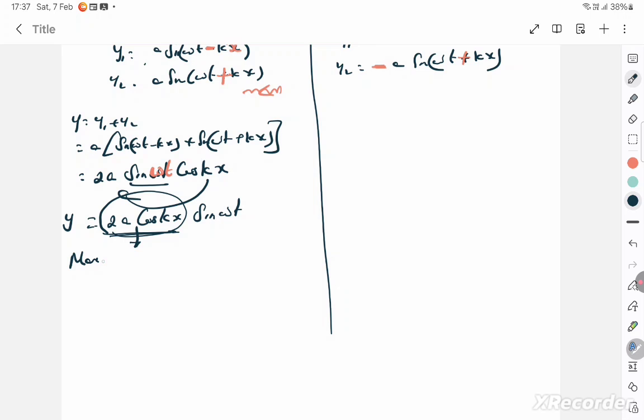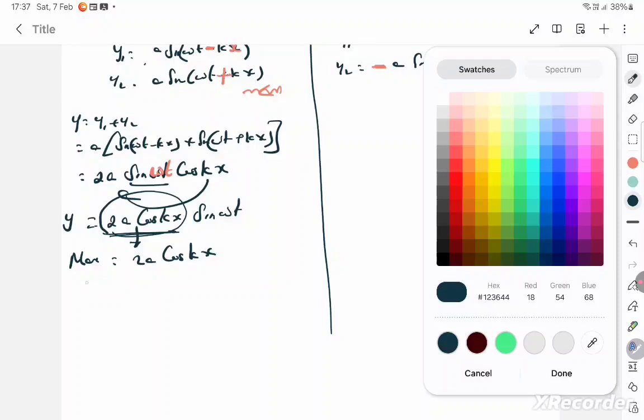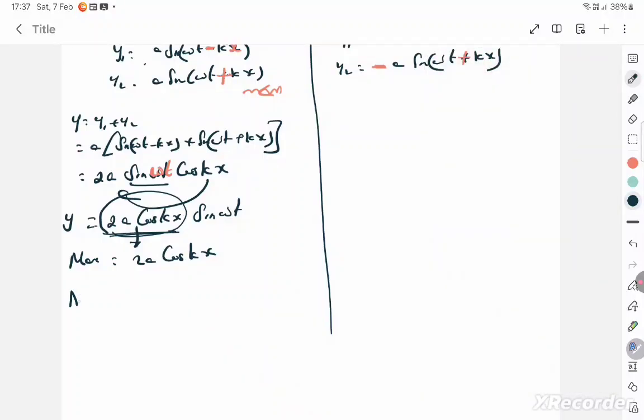The maximum amplitude is 2a cos kx, in which, if you're going to locate nodes, they are where the amplitude is equal to 0. Nodes are the points at which the amplitude will be 0 in a stationary wave. These are the nodal points.